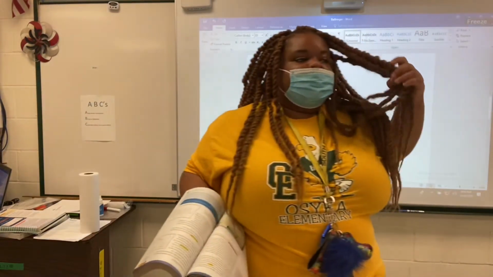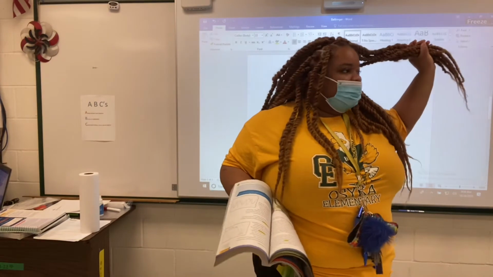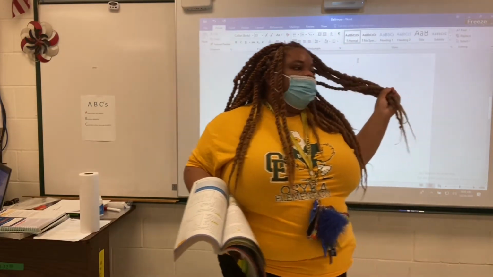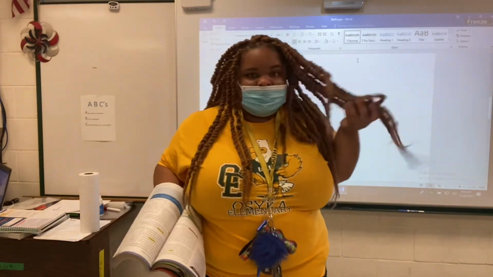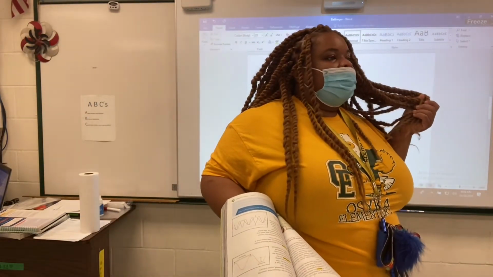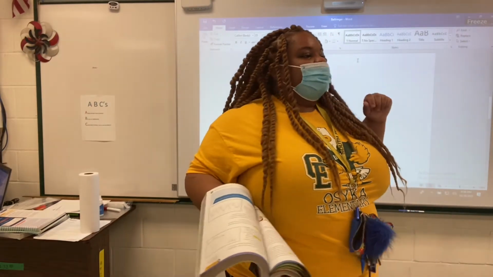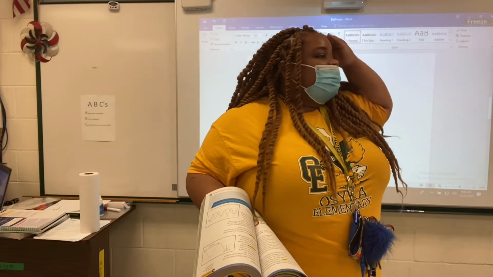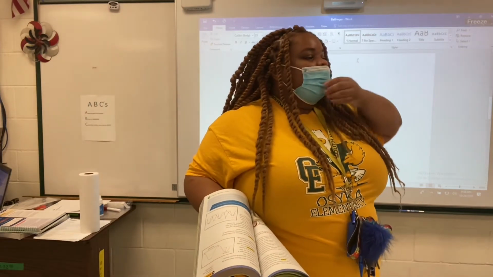So for example, look at my hair. What color is my hair? Brown or blonde, whatever. It depends on how you look at it. So that is one of my features. Am I short or am I tall? I'm a short person. So that is one of my features.